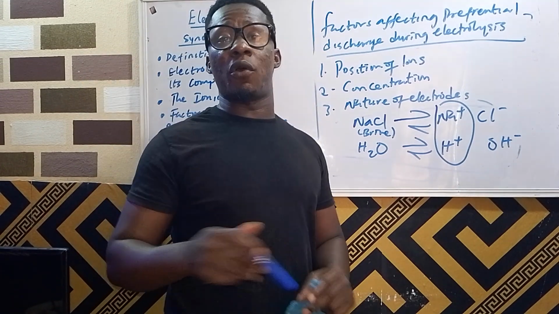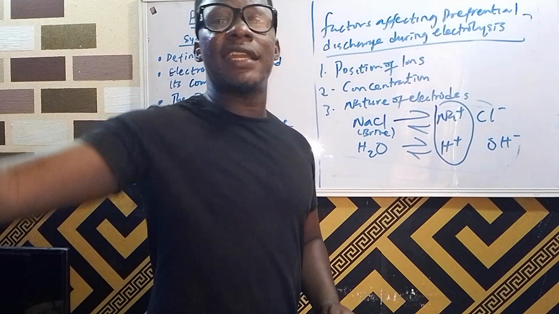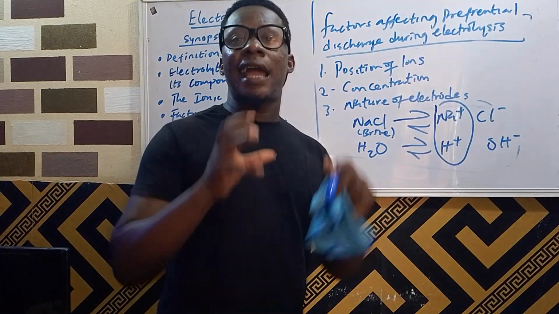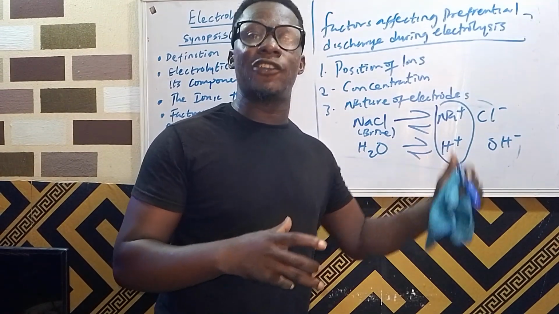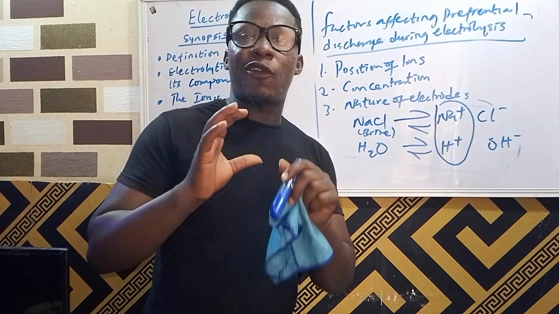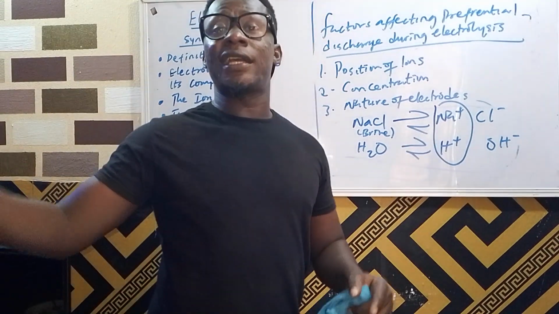The distance between them is much. So despite the fact that the more concentrated the ion, the more is preferential discharge, however, if the distance between the concentrated ion and the other competing ion is far apart, and the other competing ion is lower in the activity series, the other one will be preferentially discharged.